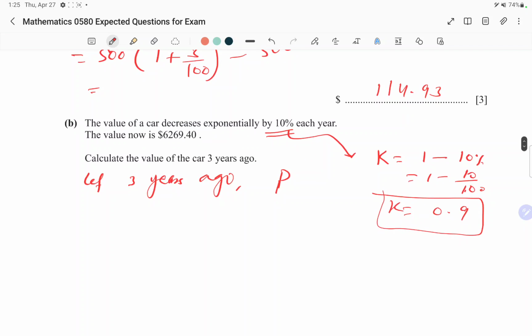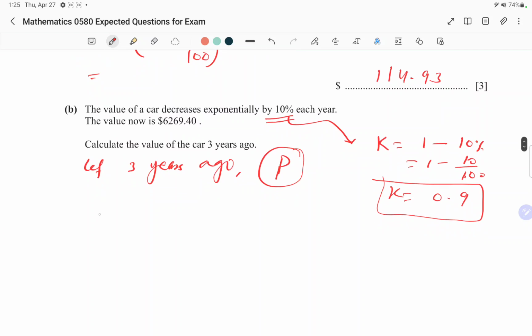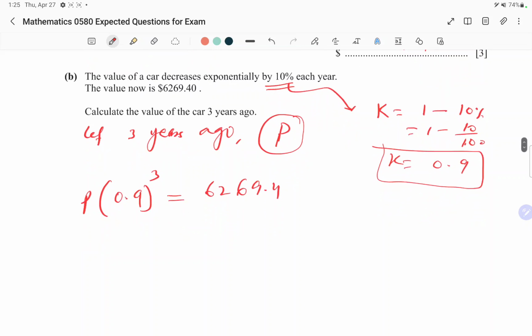Now calculate the value of the car 3 years ago. So first I assume 3 years ago it was P. So now after 3 years it would be P times 0.9 to the power 3, and that amount is 6269.4.